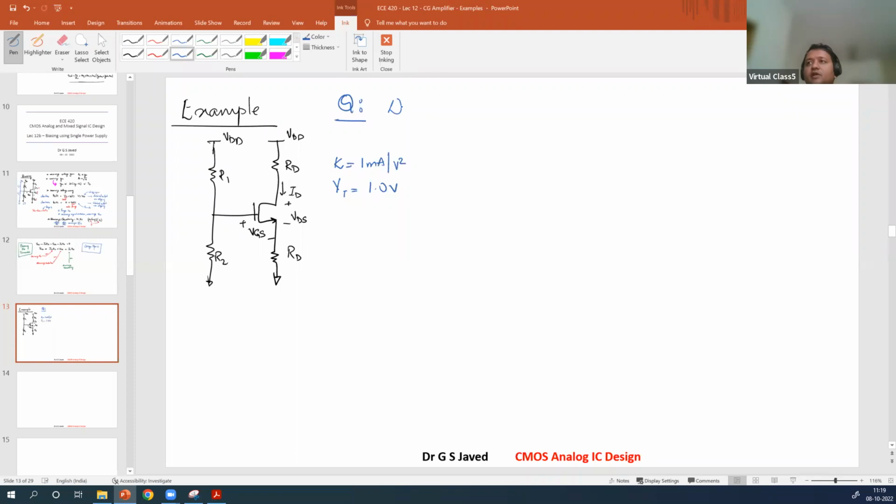Determine the resistor values to bias the MOS device with a DC drain current equal to 4 milliampere.